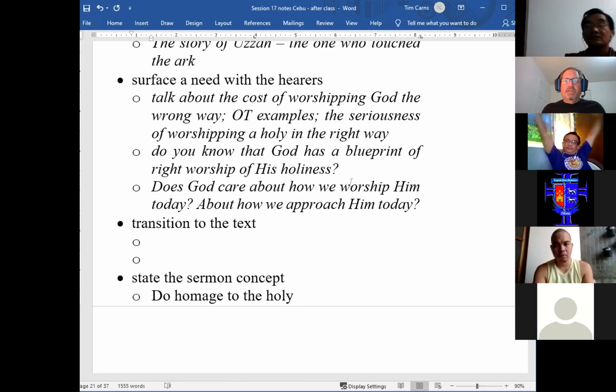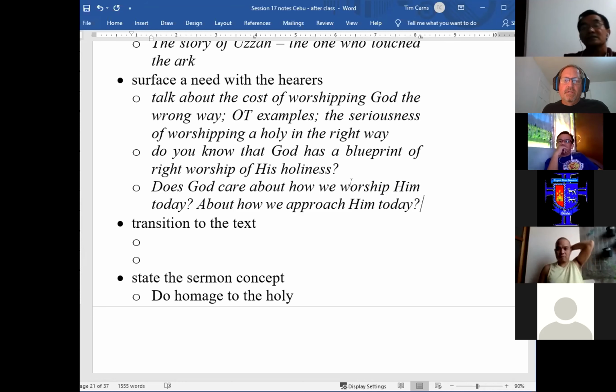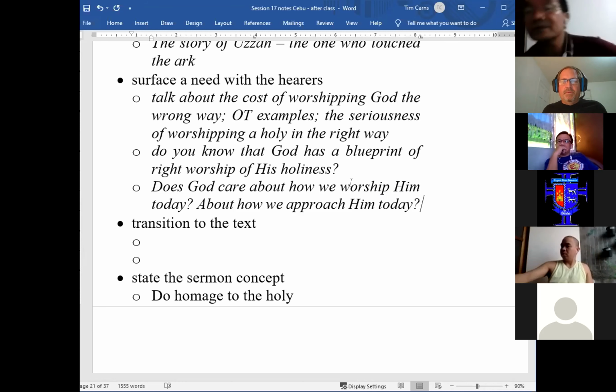I think on this particular psalm, and you'll see it when I give you the full manuscript, I actually spent a little bit of time. This was one of my longer introductions because I saw a great need for people to understand the importance of the holiness of God today. I spent a little time developing that so people see that this is a need, because I think many people in churches have gotten so casual about how to approach God.